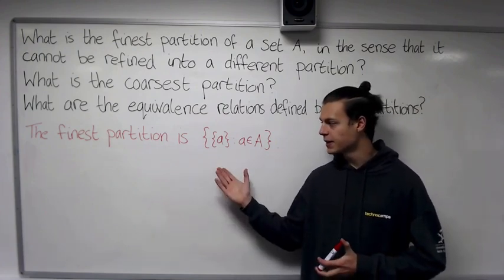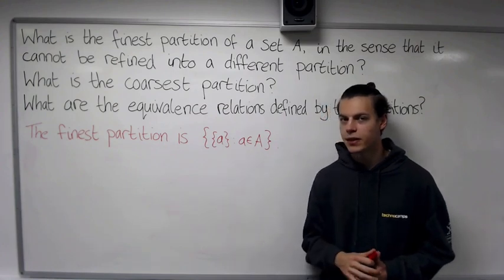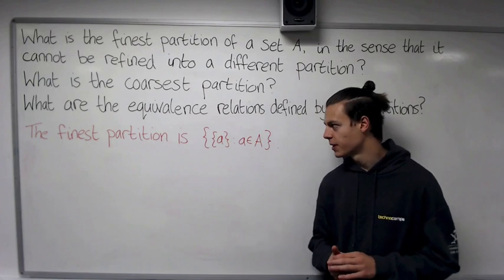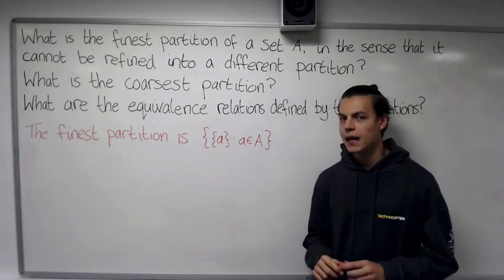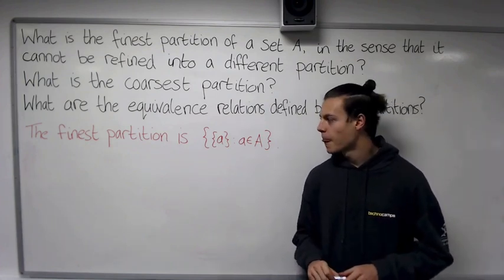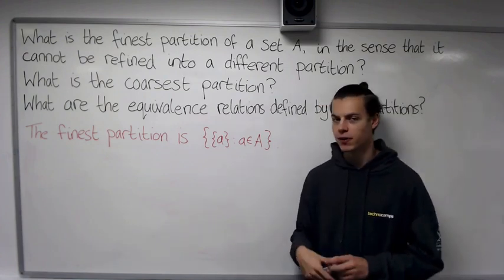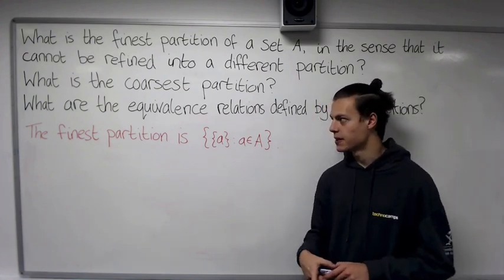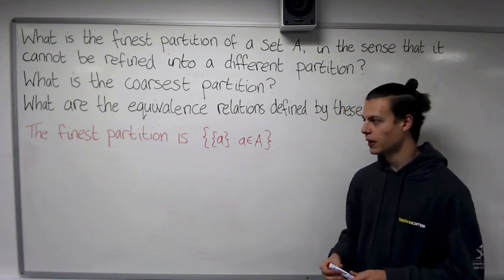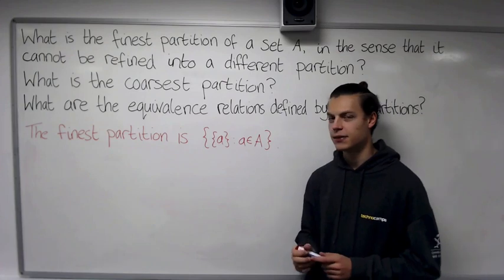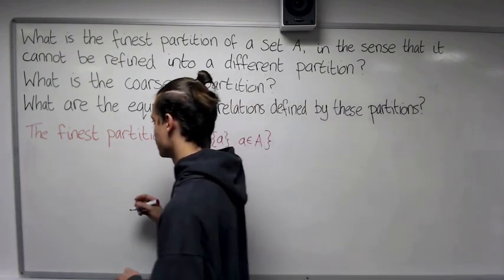But in this case, each equivalence class consists of just one element. So an element in A is related only to itself by the equivalence relation defined by this partition. And this is exactly the identity relation on A.